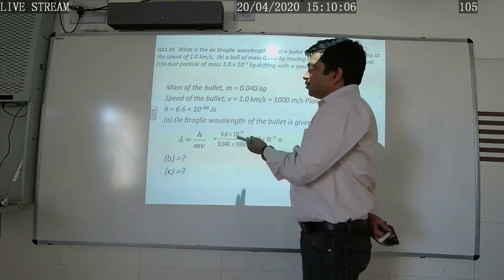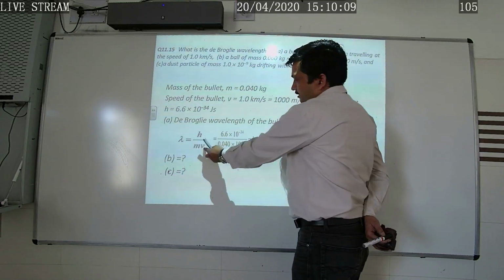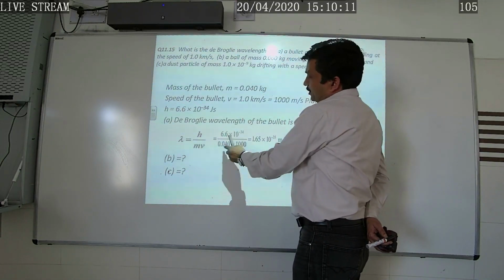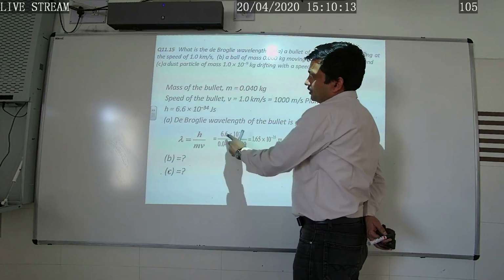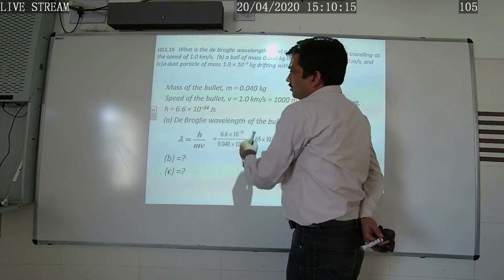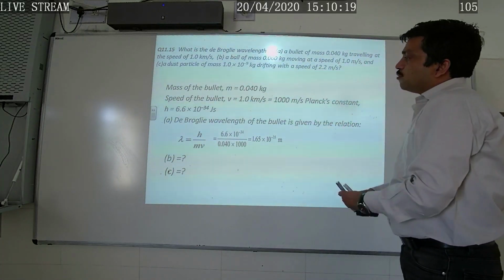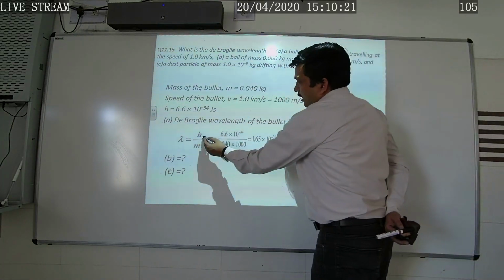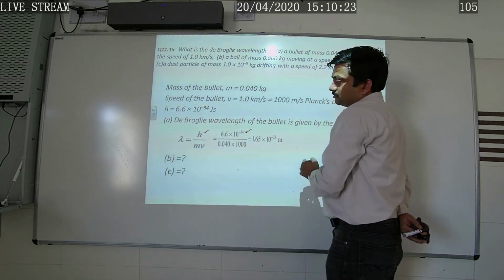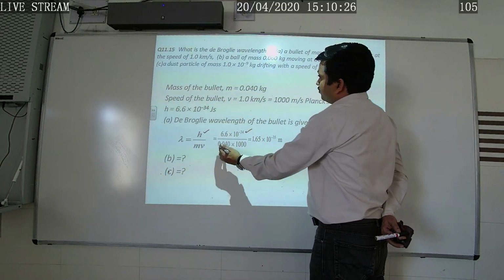Simply here we have to put in the value of the mass and the speed. I have solved the first part, and the rest, parts B and C, you have to solve on your own. The value of Planck's constant is known to us. What about the mass of this bullet?